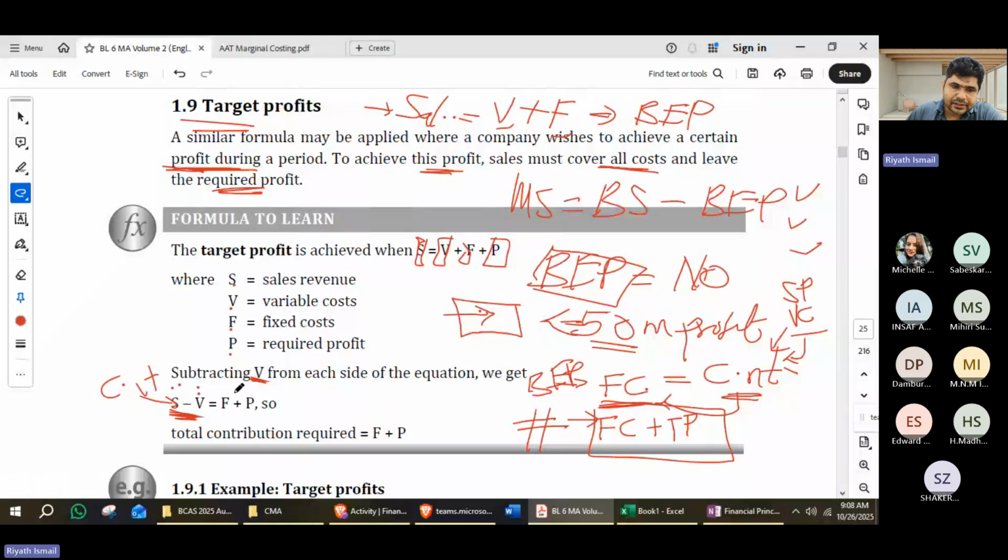And since we subtracted V, there's no more V here. Then the contribution should equal fixed cost plus target profit. Therefore, total contribution required to make the target profit equals fixed cost plus target profit. This is the formula.